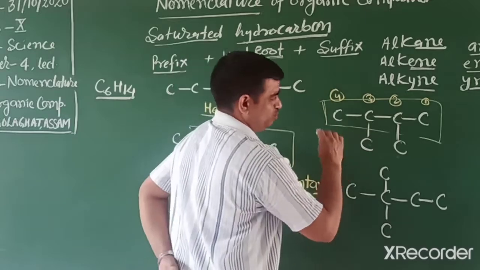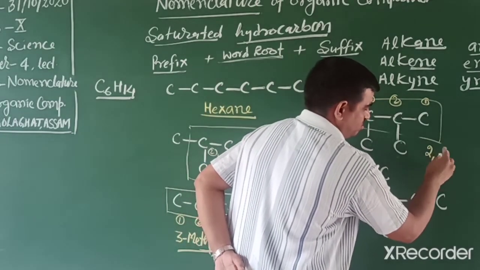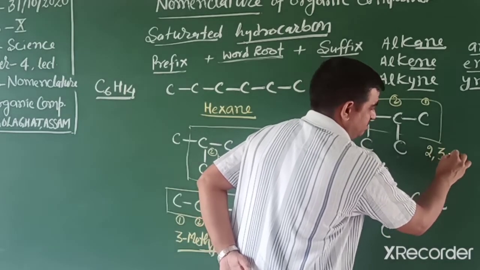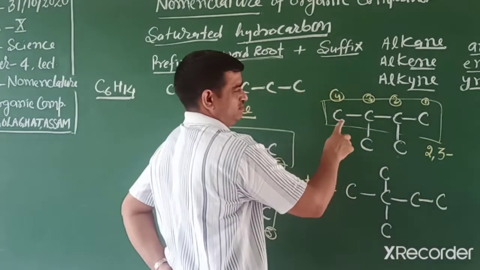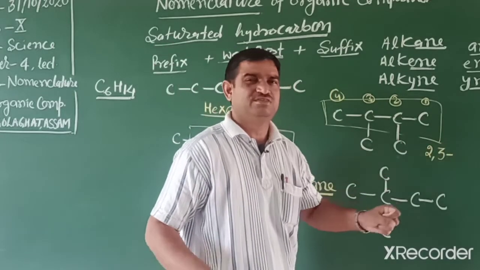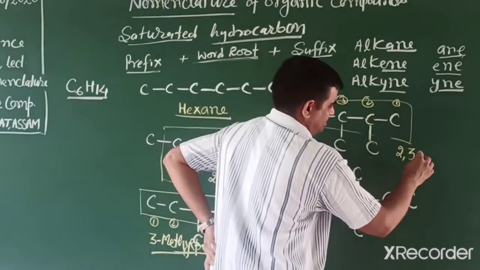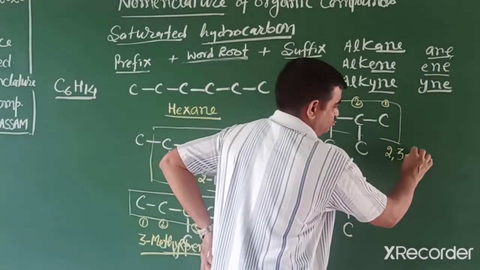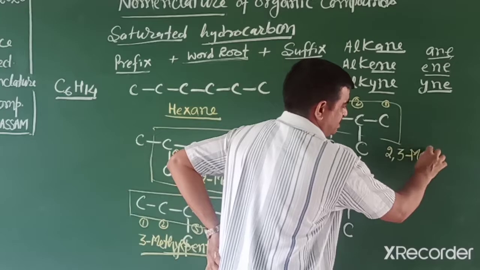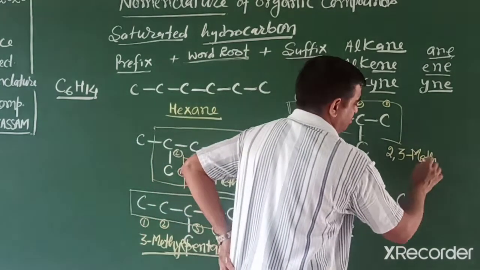So we write both the substituent positions, meaning 2, 3. Then we write a dash also, because that is an integer and a character to join, we write a dash between. And the first letter is a capital letter. So M, we write like meth, and then YL.